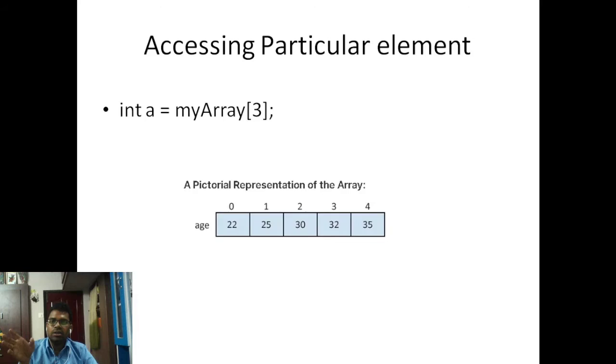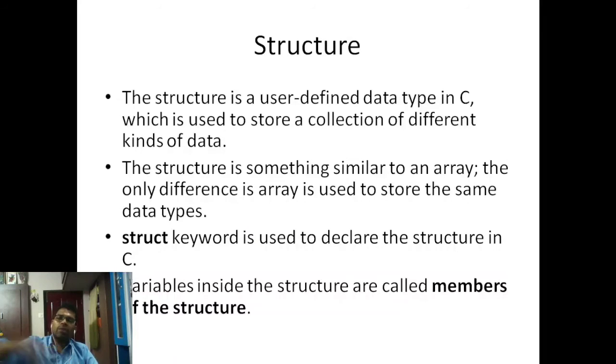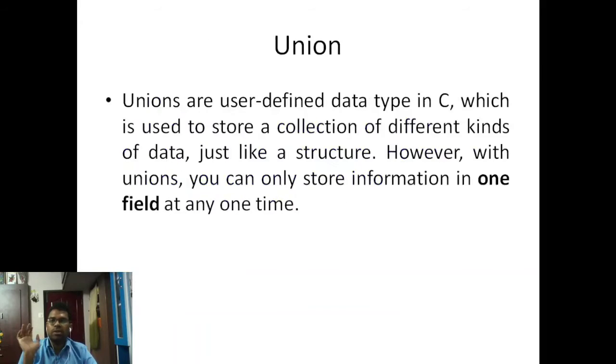In a structure it can hold any number of values, no issues at all, but in a union only one field can be held at any point of time. Why is it restricted? There is no problem. We need to reduce the memory of the application.